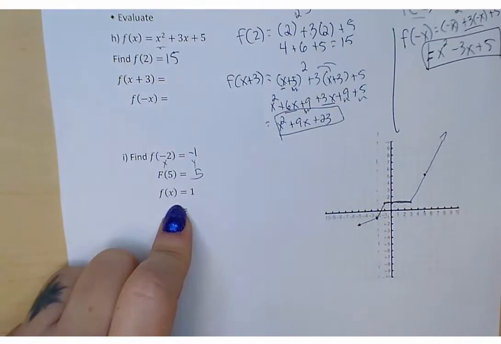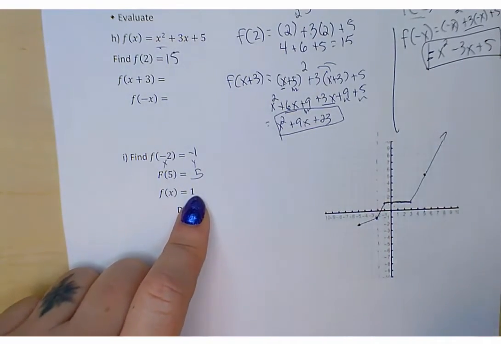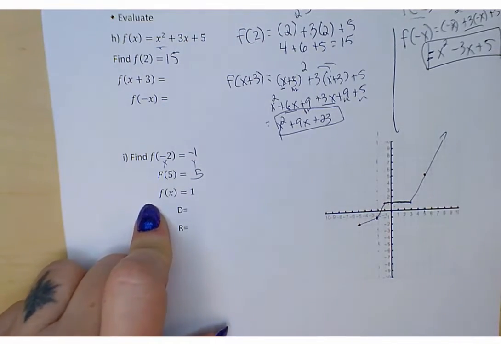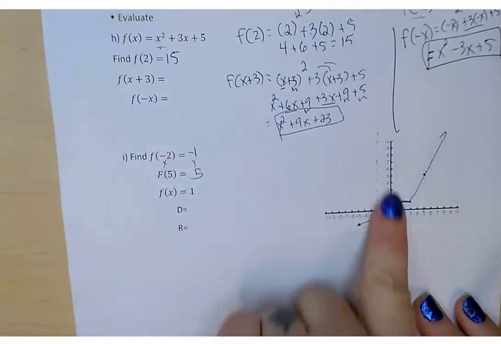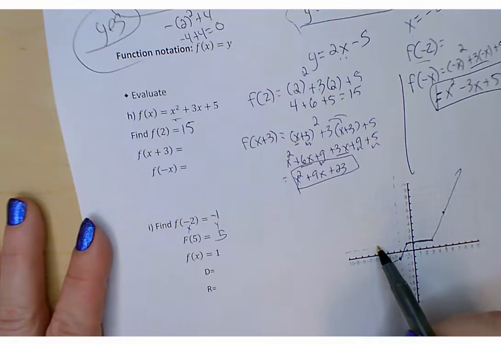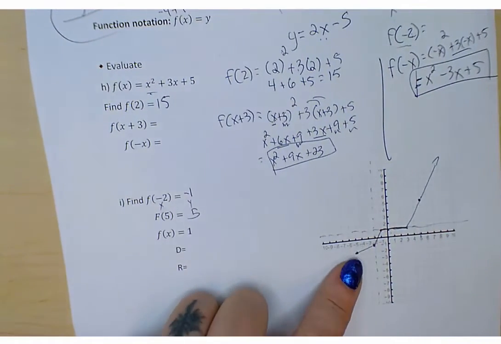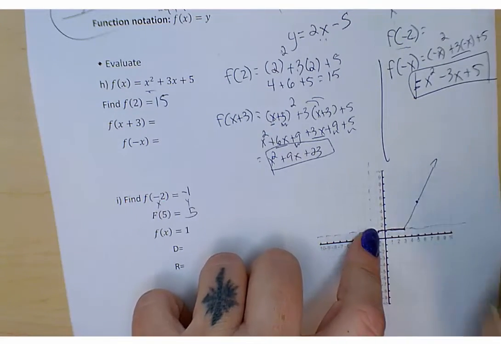f of x is equal to 1. For this instance, they're giving us the y value, and they're saying when our y value is 1, what is our x value? So this time we're going to use our y-axis here, and we're going to go to a positive 1 on our y-axis. Imagine an imaginary line at positive 1. Where does our graph hit? Where our graph hits at this point to this point right over here.